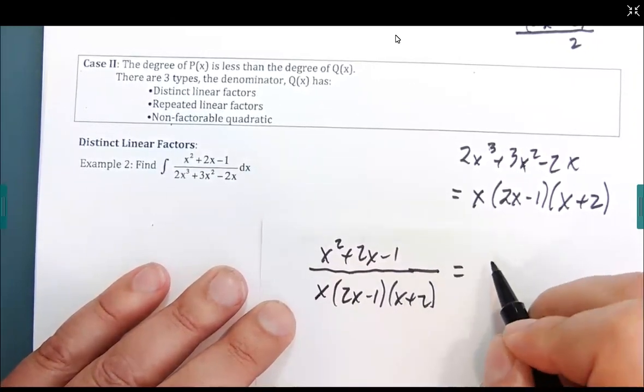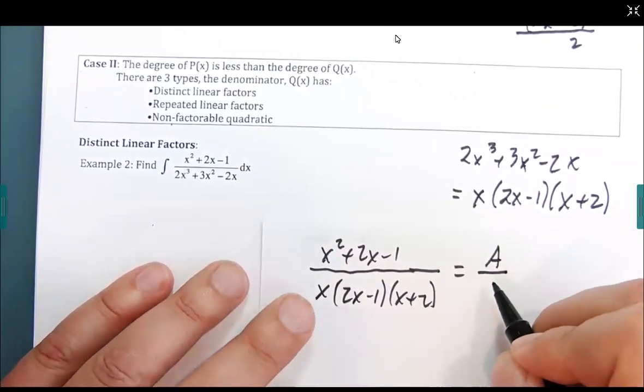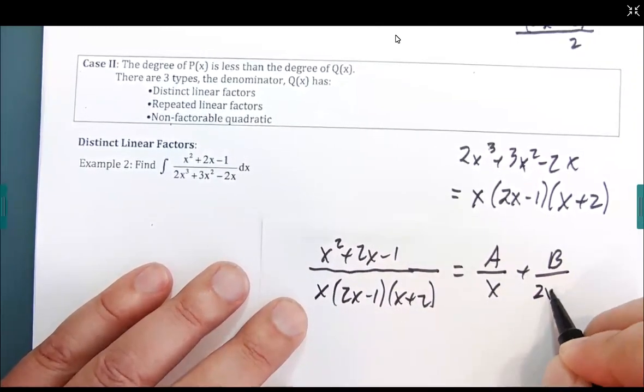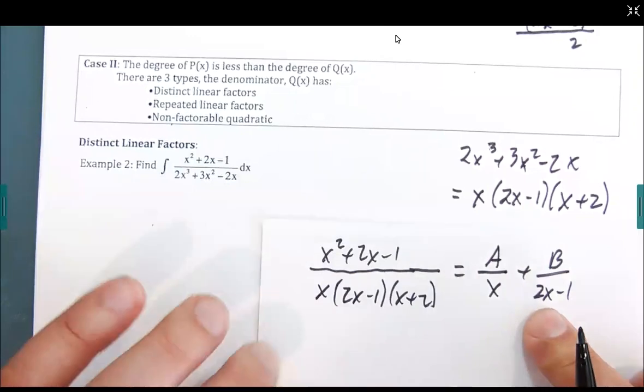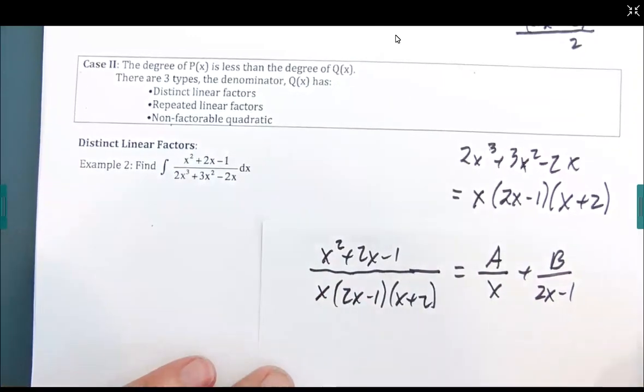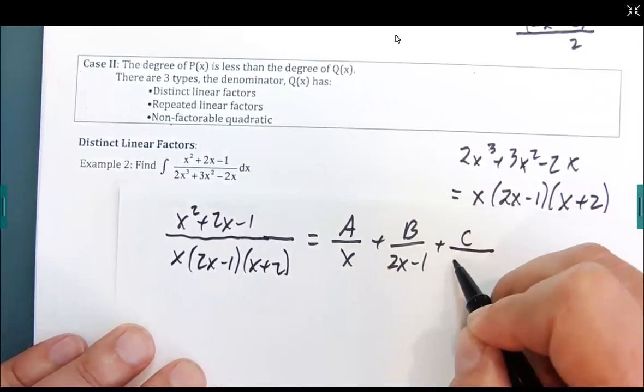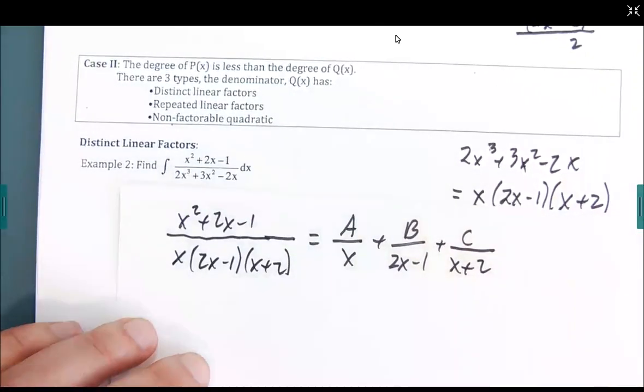I'm going to assume that this can be broken up into A over x plus B over 2x minus 1. By the way, when we integrate that, we've got to be careful of that extra 2 there, plus C over x plus 2.